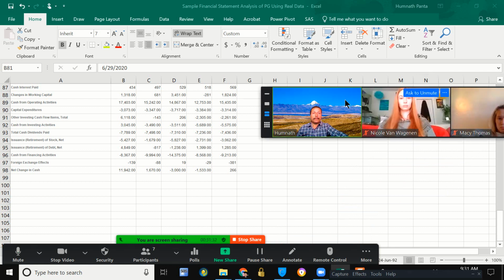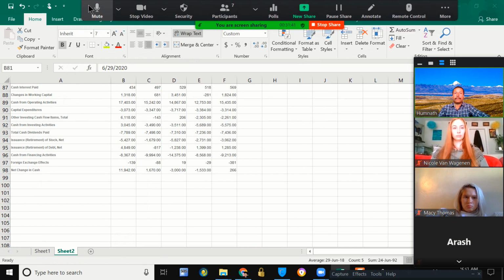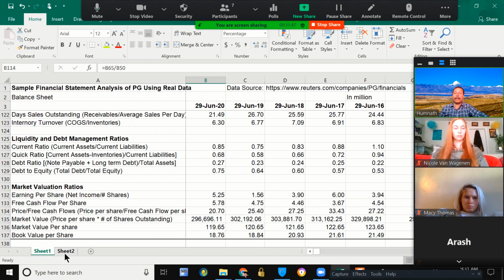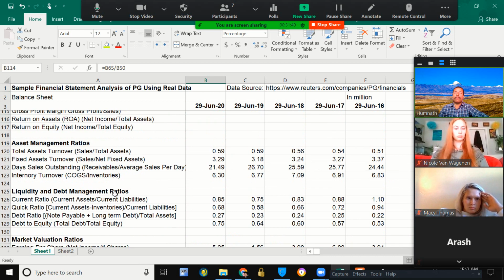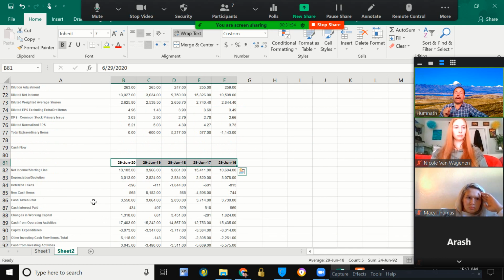Okay, so all right, so for some reason I cannot see. All right, so you see in this first sheet of this Excel file, now I have whatever I have done for the project. This one is the data I just got from there.